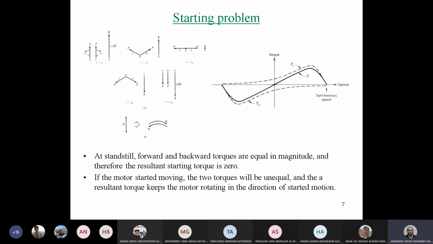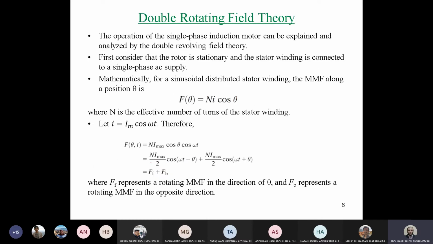If we compare the two components, we can find that at a certain instant both fluxes are in phase. This means that the summation of flux will be twice each one, because both have the same magnitude. As you can see here, the magnitude of each flux is N i maximum over 2. This is the peak value of each flux, and the only difference is in phase and rotation.